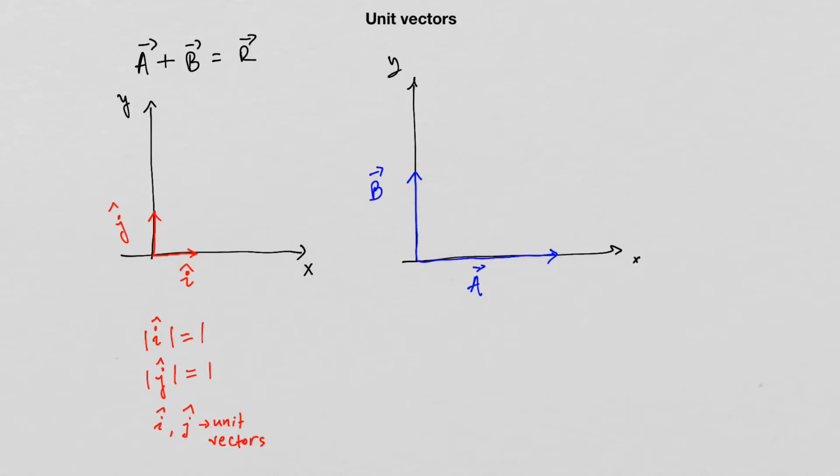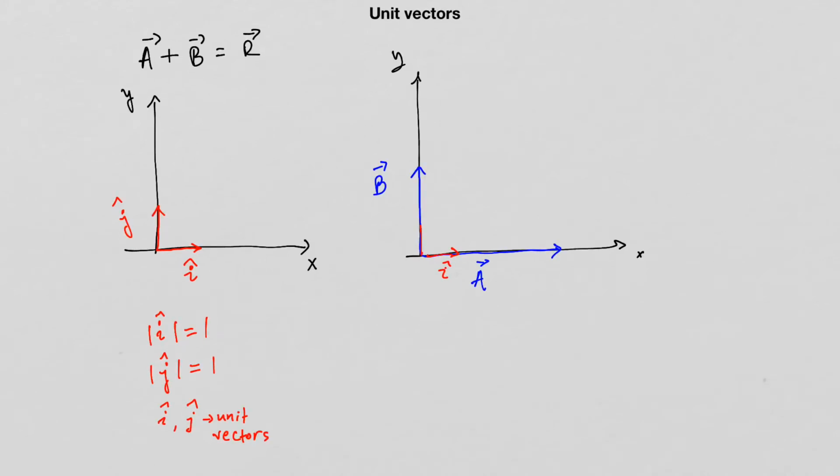And so we also have our unit vectors here, i hat and j hat. I can then write A as the magnitude of A times i hat, and I can rewrite B as the magnitude of B times j hat.